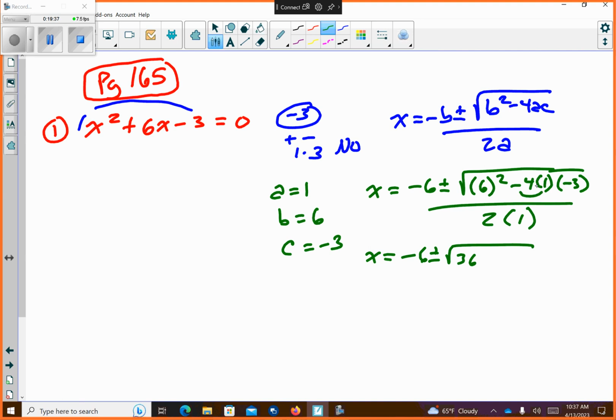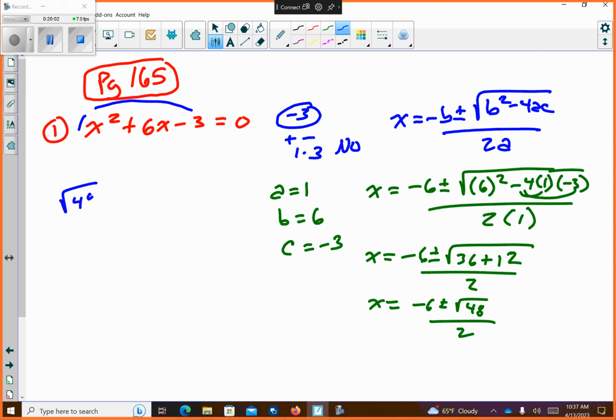Negative 4 times 1 is negative 4. Negative 4 times negative 3 is positive 12, wait. Whoa. Jumping through too many hoops at once. And that's going to give me negative 6 plus or minus root 48 over 2.